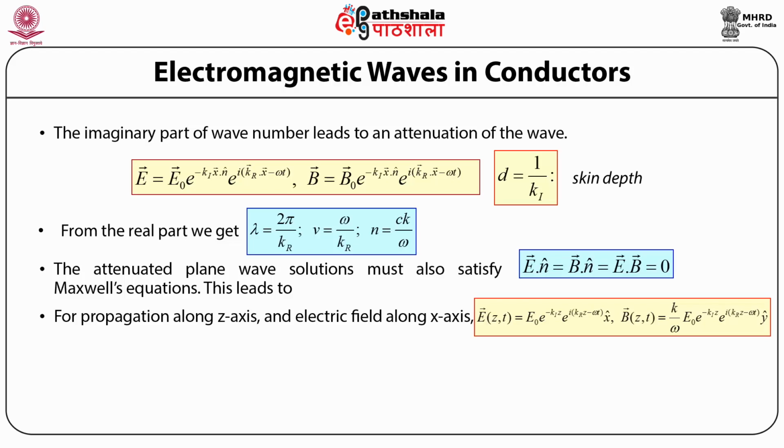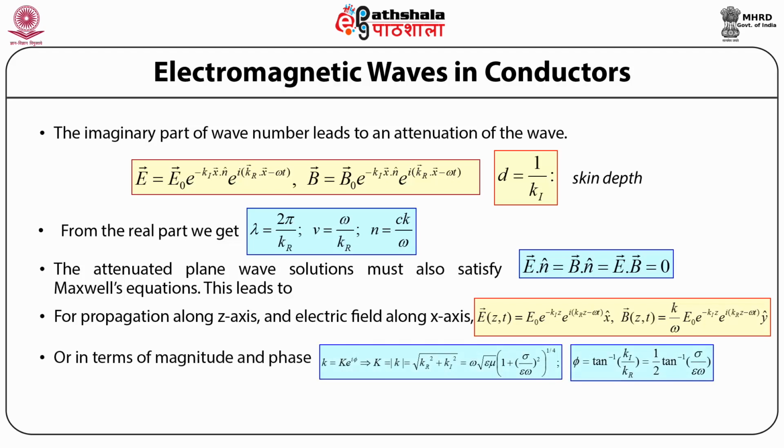B(z,t) equals B naught e raised to power minus k imaginary z, e raised to power i (k real z minus omega t), y cap, which equals k by omega E naught e raised to power minus k imaginary z, e raised to power i (k real z minus omega t), into y cap.